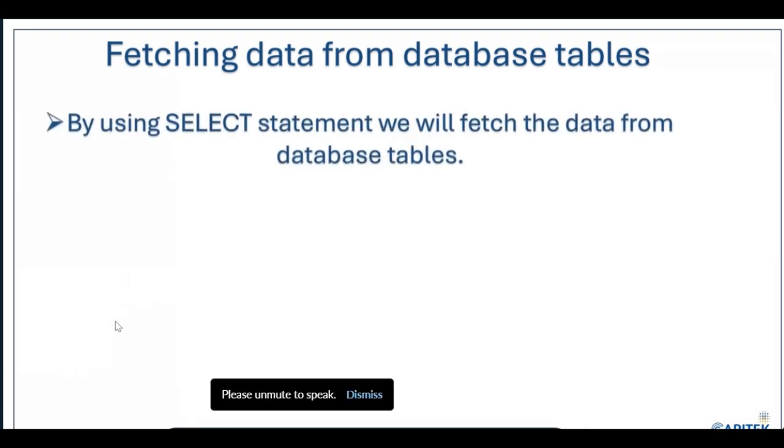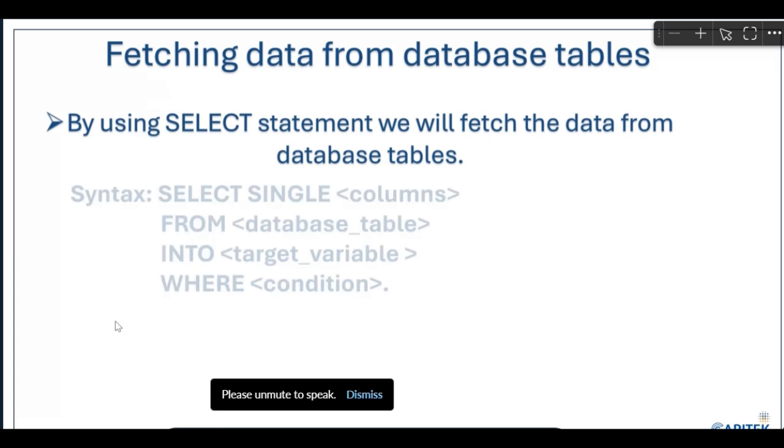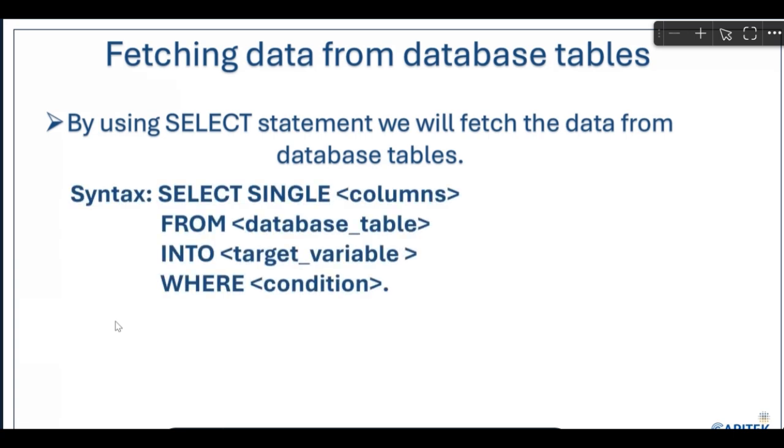So how do we fetch the data from the database tables? Generally, we use a SELECT statement. So what is the syntax? I say SELECT. If you're selecting a single record, then I'll say SELECT SINGLE.